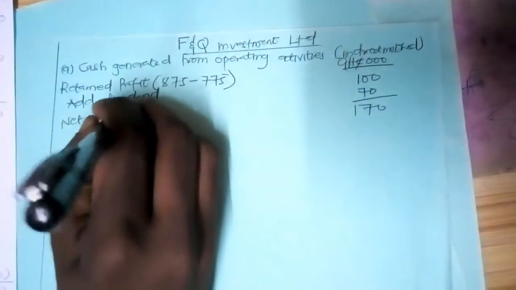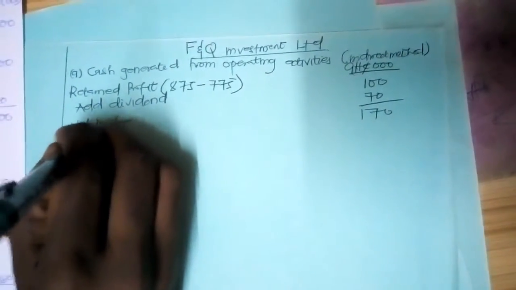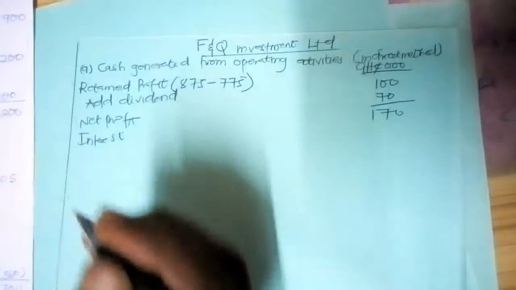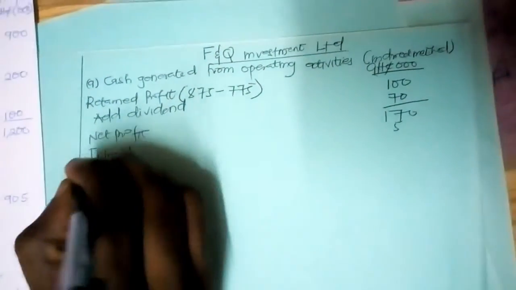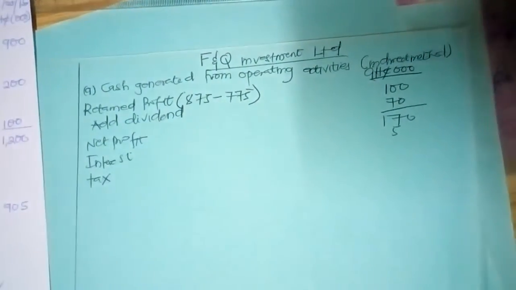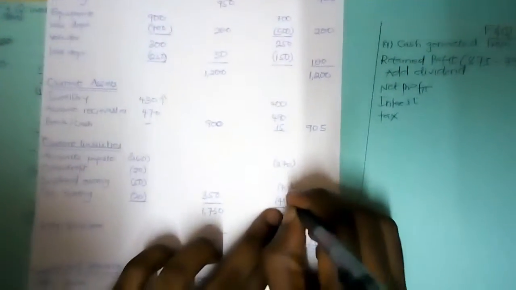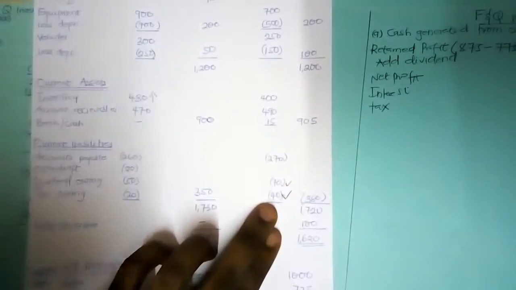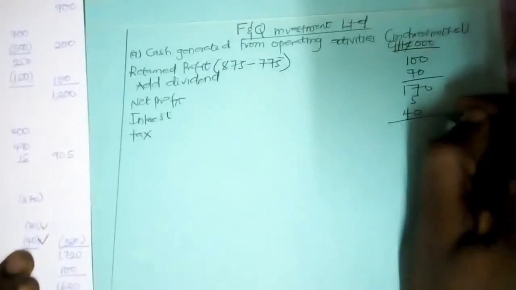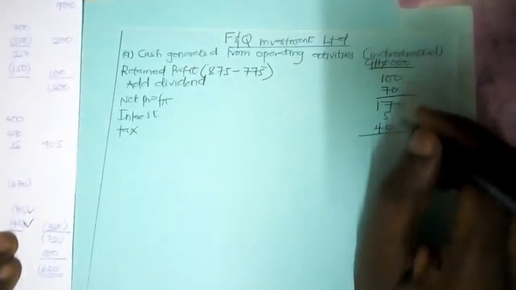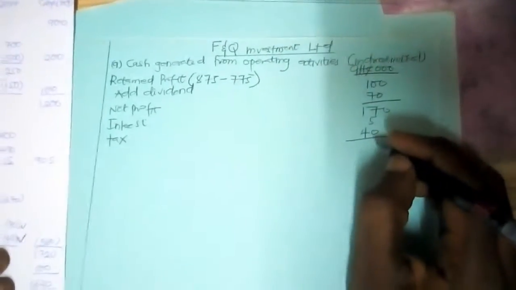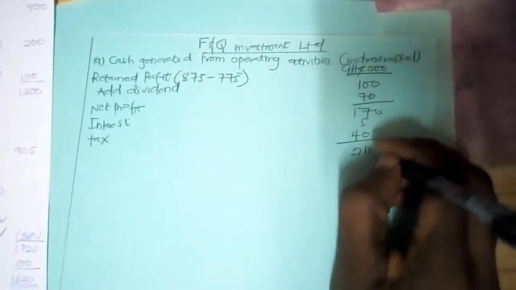We are going to add our interest. The interest in the question is 5. Then we'll add our tax. Please also note that for the tax, we use the previous year's tax, which is 40. So if we add 170 plus 5 plus 40, we are going to get 215.